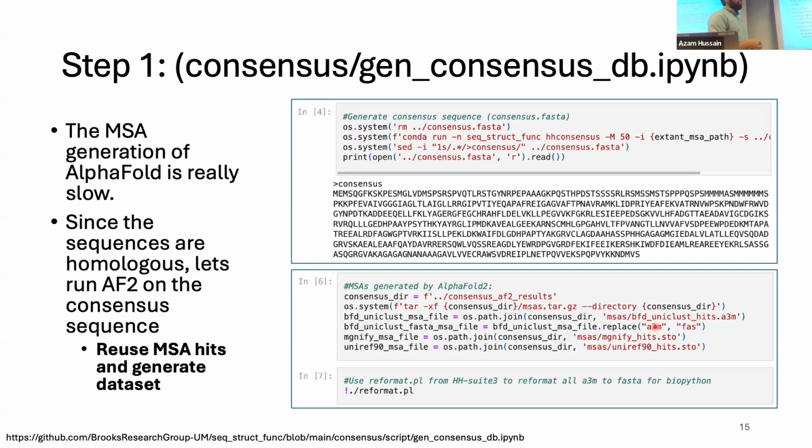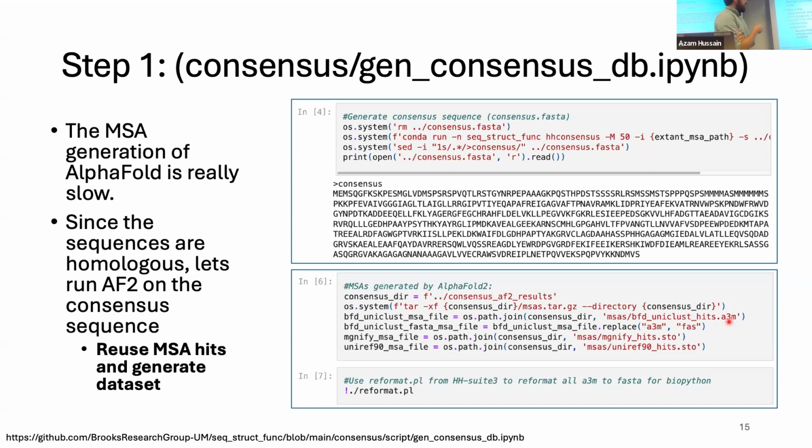AlphaFold generates three different MSAs and then combines them together. Before they got combined, I just put them in a giant list of FASTA sequences, and I'm saying, this is my new database. It's not as big as the 2 terabyte one. It's about a few megabytes. So it takes maybe a minute to run.